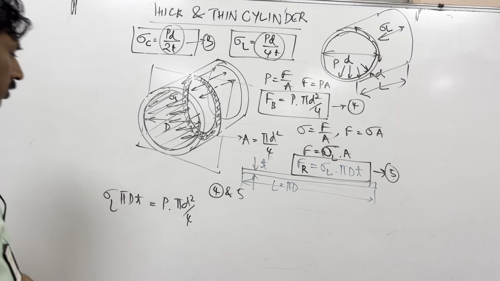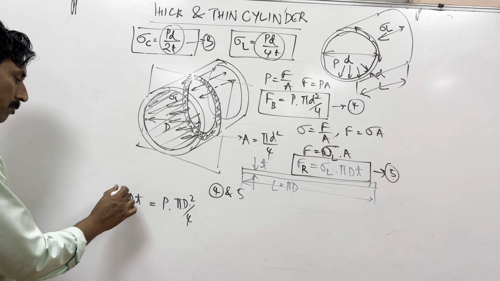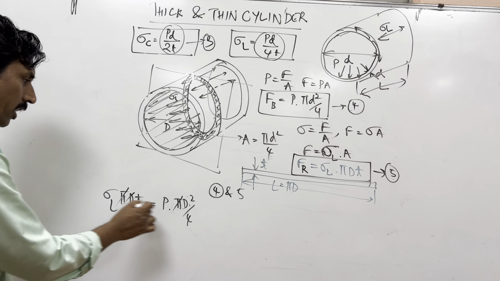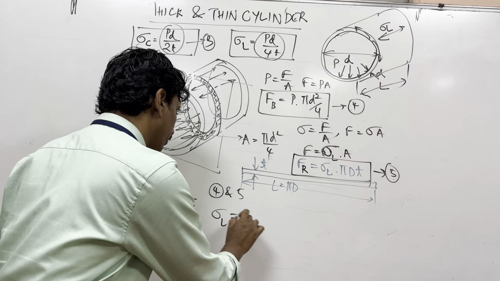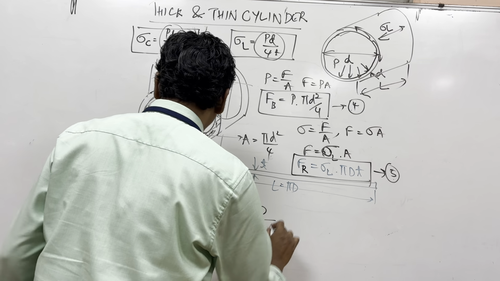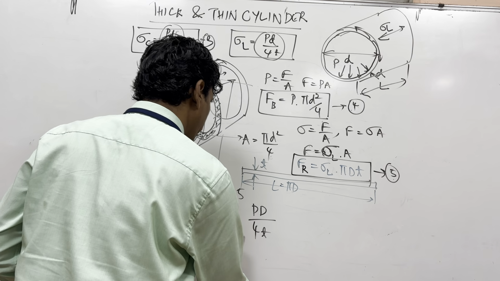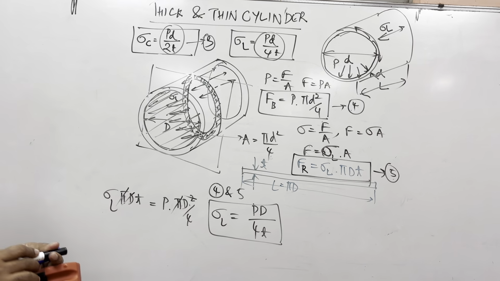Here I can write it as capital D or small d, whichever you prefer. Pi and pi cancel out, and d square cancels with d. What is finally left? Sigma L is equal to what? P D by 4t. So longitudinal stress in a thin cylinder is given by P D by 4t.